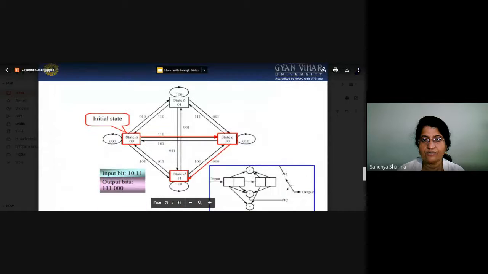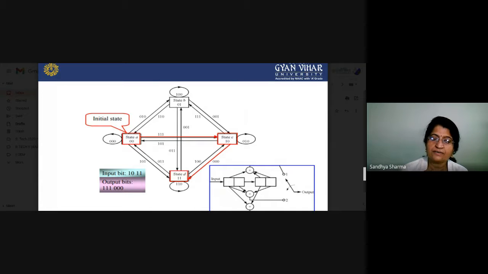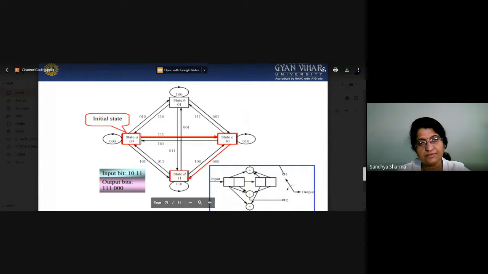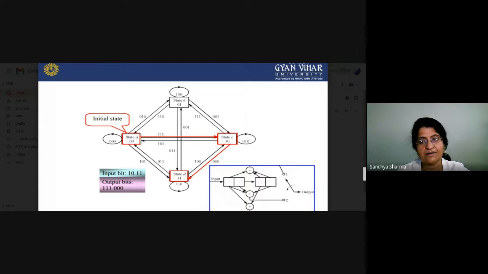And when you enter the second bit, you again have to calculate G1, G2, G3, and according to that decide which state you have to go to. The initial state, then the state will be C, that is 10. After that the state will be D, that is 11. So these four states are fixed: 00, 01, 10 and 11, indicated as A, B, C, D, and according to that state we have to calculate.